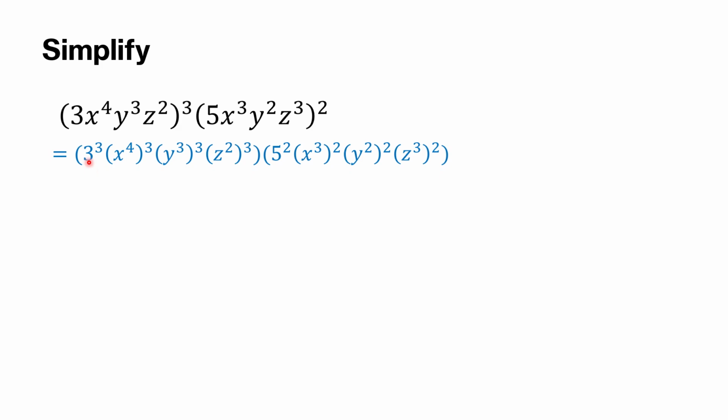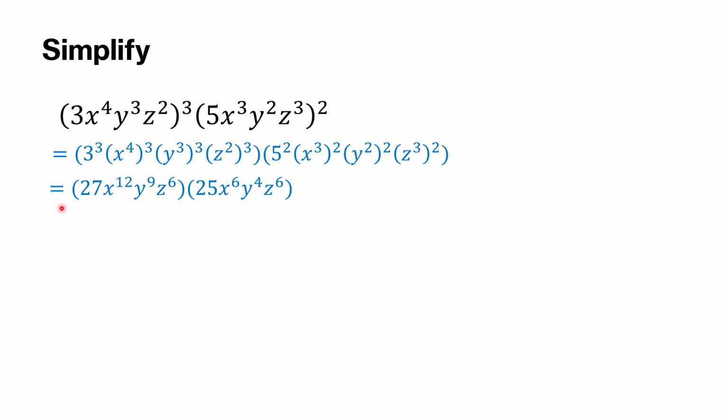We have the numerical coefficient that will be 3 cubed, x to the fourth raised to the third power, y cubed to the third power, and z squared to the third power. On the other factor, we have 5 squared, x cubed to the second power, y squared to the second power, and z cubed to the second power.